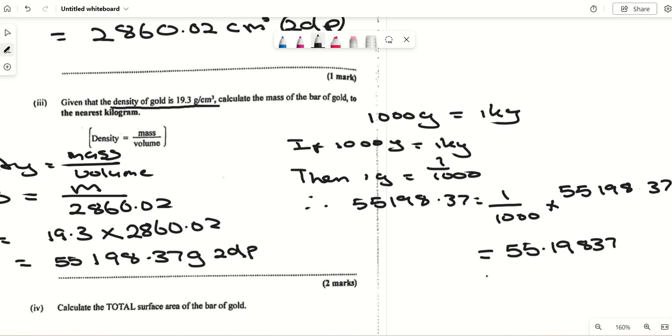They told you to give your answer to the nearest kilogram. So your line is going to be drawn between the 5 and the 1. 1 is less than 5, so it is going to be approximately 55 kilograms. And that would be your answer.